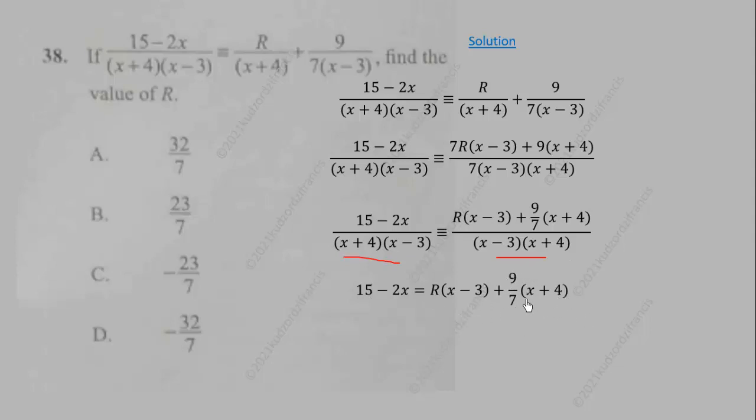So we put −4 into this equation, and we are going to get 15 minus 2 times −4 is equal to r into (−4 − 3). This one, −4 plus 4 will be 0, so plus 0. Now we simplify this. This will give us −7r. So we divide through by −7 to get r = −23/7.